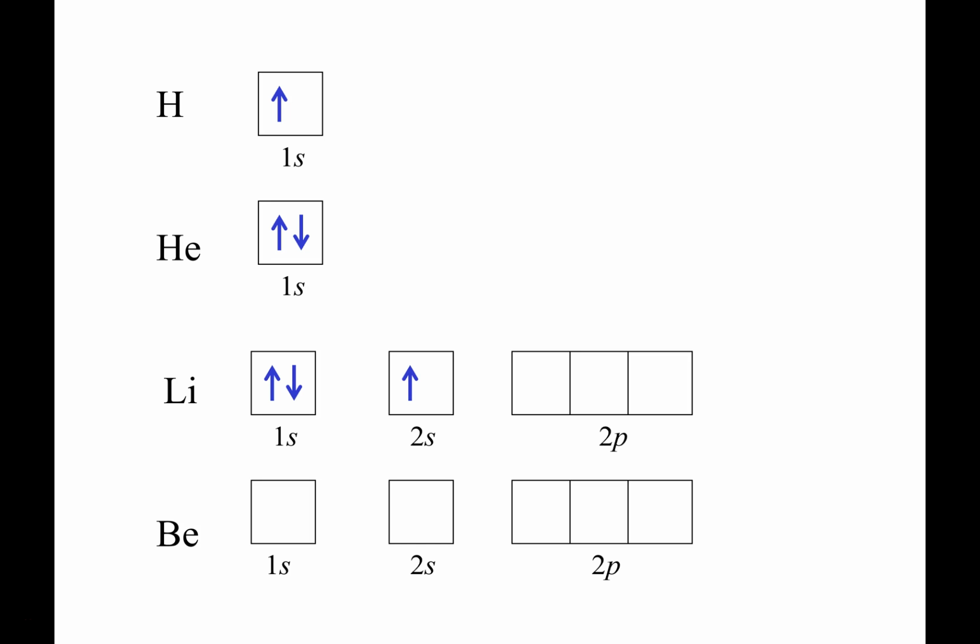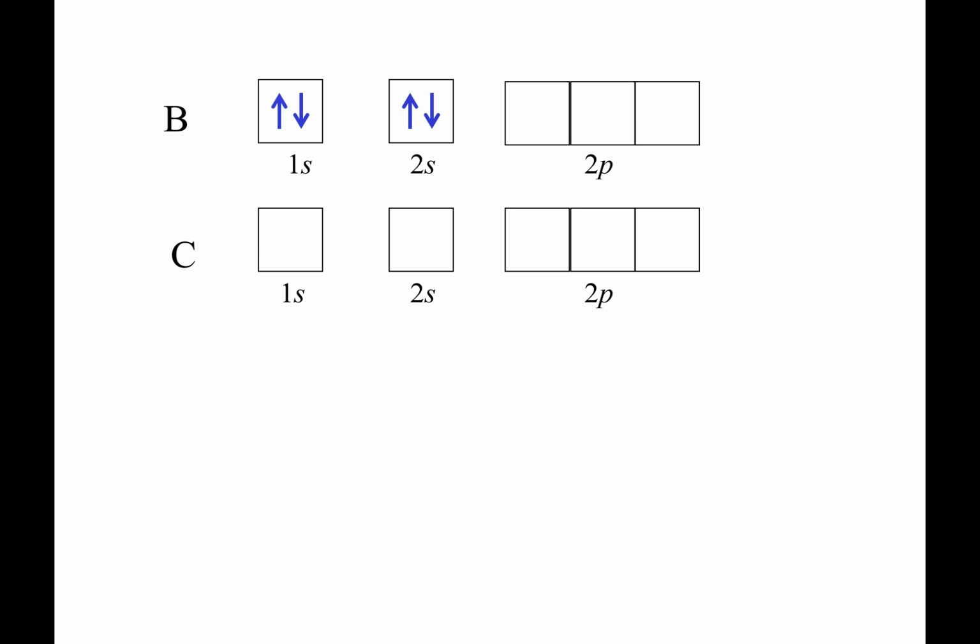Okay. And for beryllium, where will that 4th electron go? Yep, it'll definitely buddy up in the 2s. We have to show opposite spins. You got it. So after beryllium, you're looking at boron. All right, here we go.